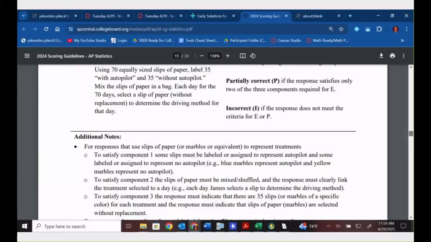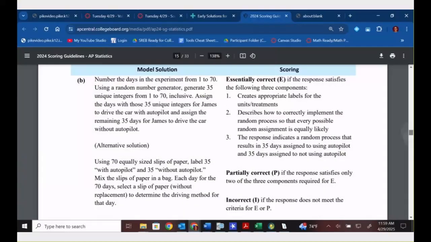Is flipping a coin okay? Would that be guaranteed to result in 35 in each group? Then unfortunately it would not. Because if you flip a coin, every individual, every piece of the experimental unit, every individual subject would have a 50-50 chance of which group they were in. But if I flipped 38 heads and those went in my autopilot group, then I wouldn't have 35 for my other group.